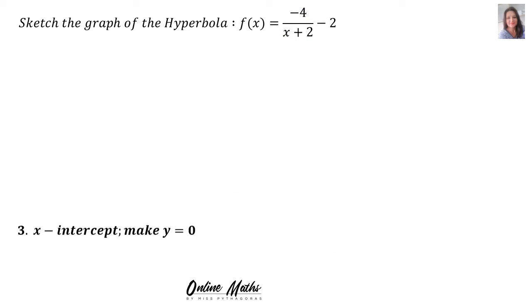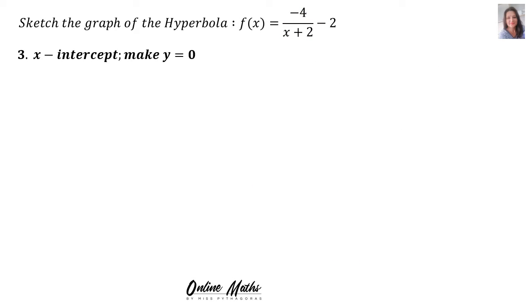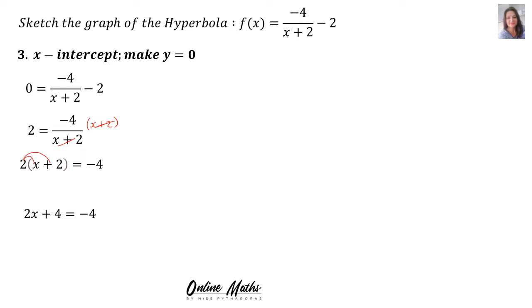The next step, x-intercept, make y 0. We make y 0, and negative 2 will walk across. Again, we will get rid of x plus 2 under the line, so we multiply both sides by x plus 2. In this step, the 2 will multiply in, and we end with 2x plus 4 is equal to negative 4.